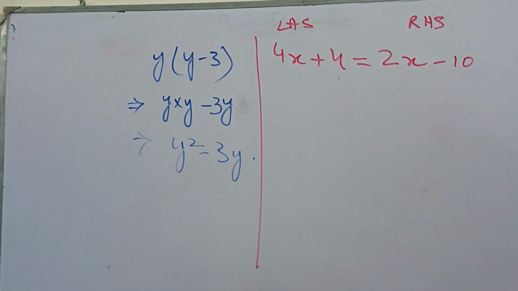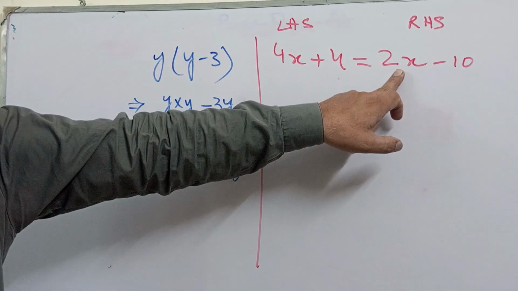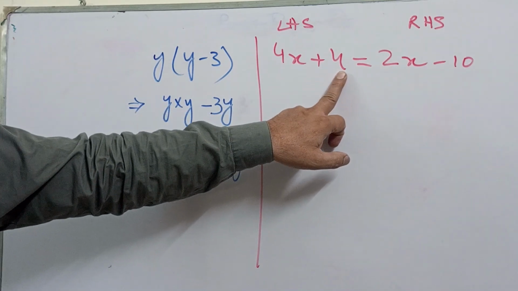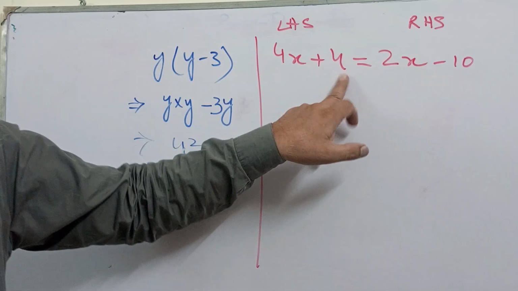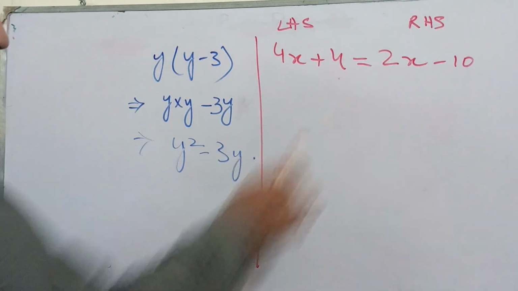So my dear students, what will happen over here is that we will bring this 2x to the left hand side and shift this 4 from here to the right hand side. This is called elimination. If I do it in one step, you may not follow me, so I am going to do it in two steps. First we will eliminate x, and then we will eliminate this constant number.